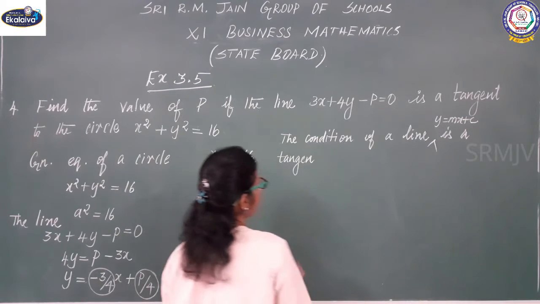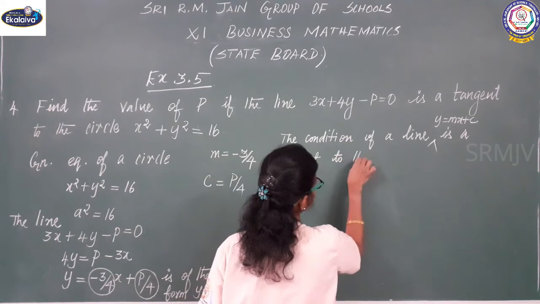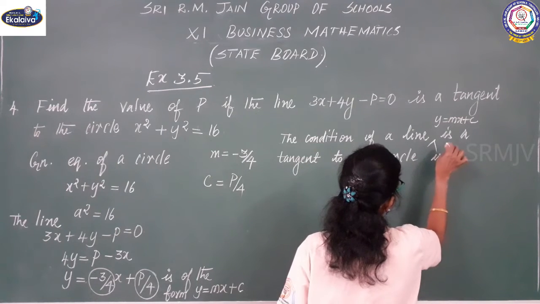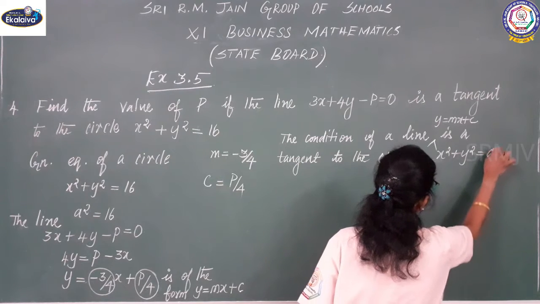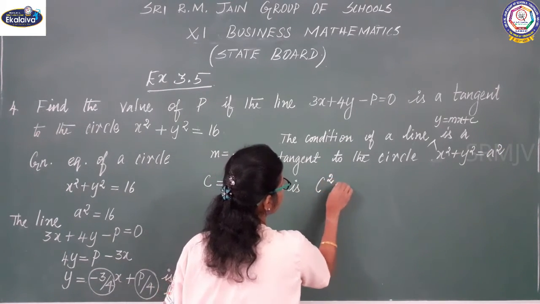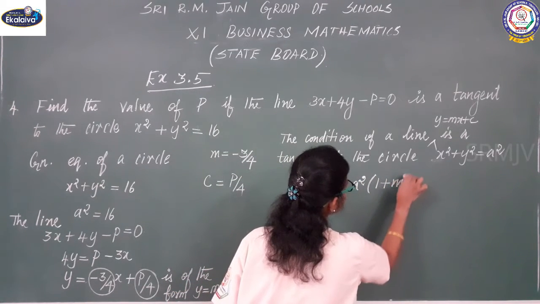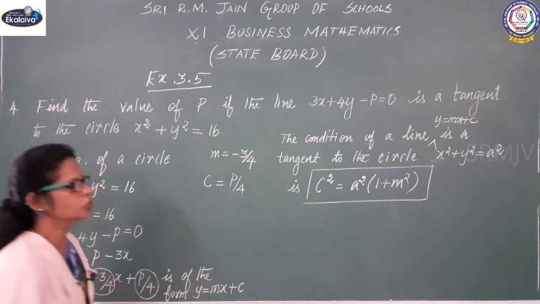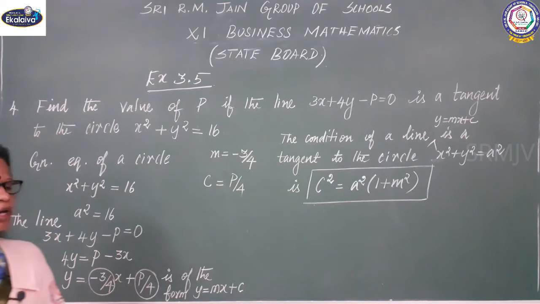The line y is equal to mx plus c is a tangent to the circle x square plus y square equal to a square if c square equal to a square into 1 plus m square. That is the condition, right?